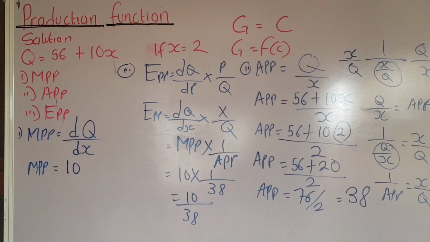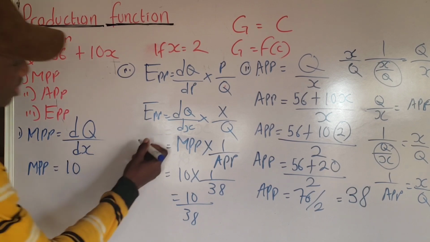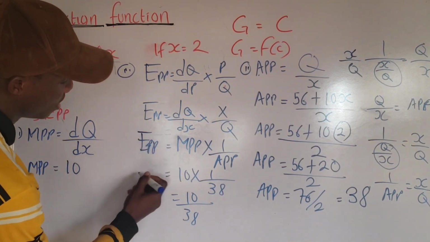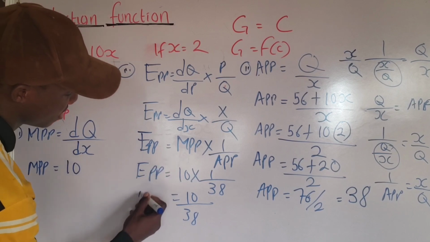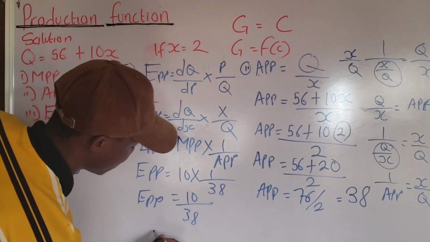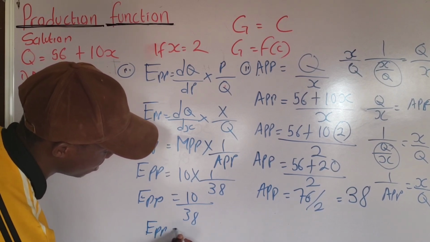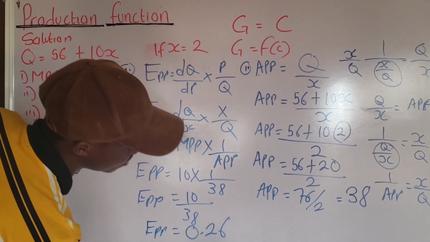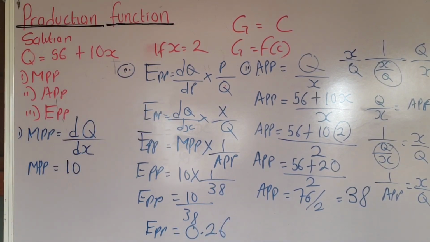So the elasticity of production, EPP, is equal to 0.26. So that is the solution to that question.